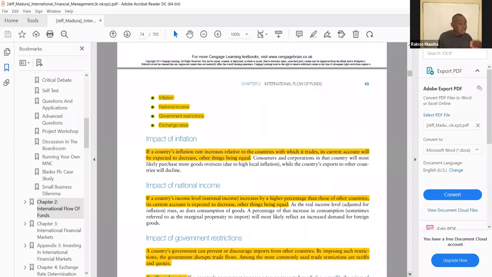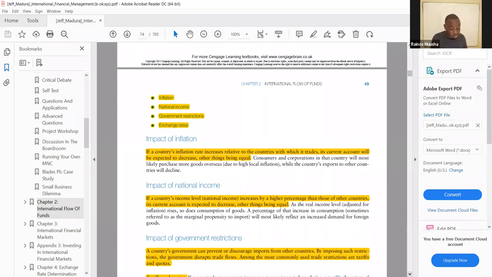Because when the inflation goes up, it means they're having to spend more. When they exchange their money for our domestic currency, they're going to end up spending more money, right? So what does that mean? It means that the demand for our goods and services is going to be less. And if the demand for our goods and services is less, you're expecting the domestic currency to depreciate against the foreign currency.